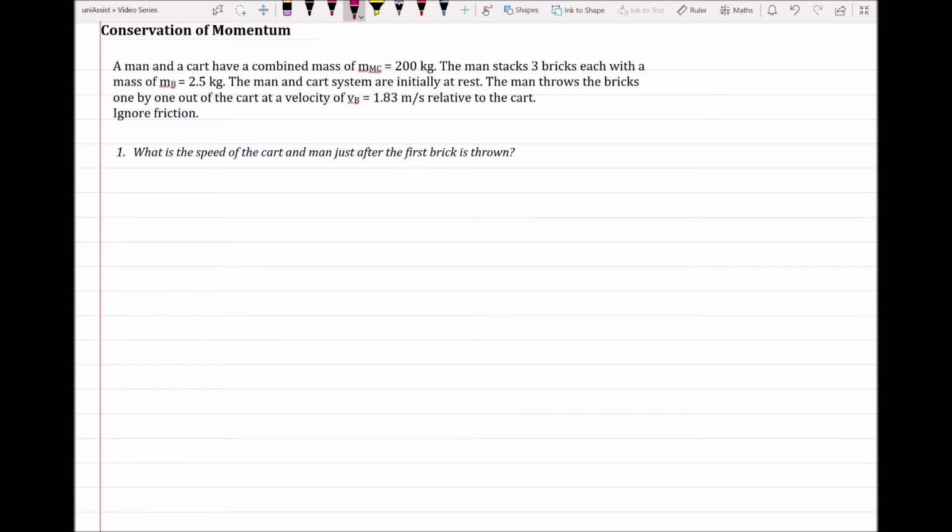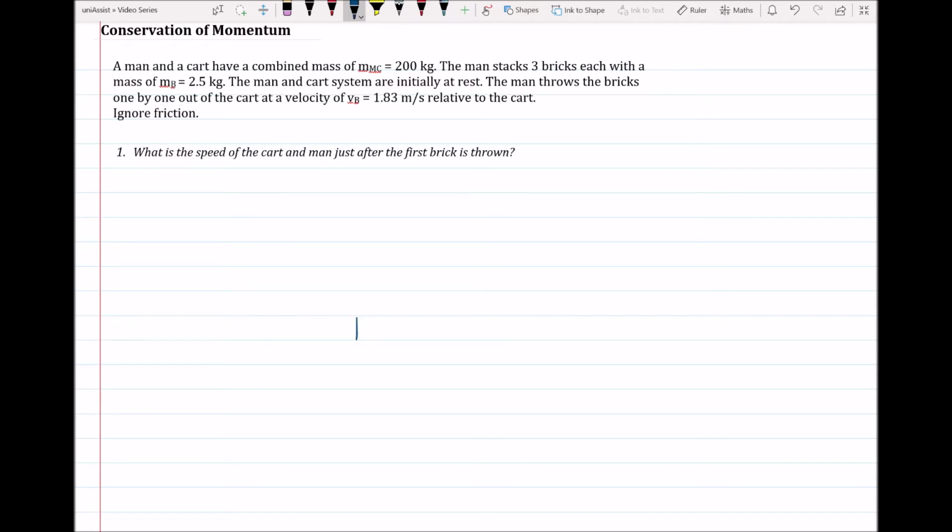So what I like to do initially is draw a diagram to define my system, my velocities, my masses, just to keep that as a constant throughout the entire question. So I'm just going to start drawing a rough diagram.